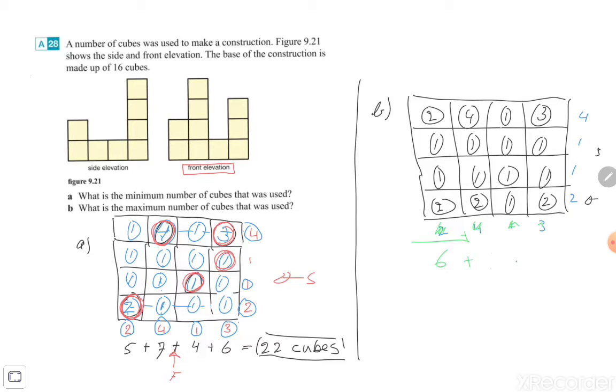Then 4 plus 1 is 5, that's 6, that's plus 8. Then we have 4 plus 3, 4, 5, 6, 7. There you go. Which means that the total is 25 cubes.